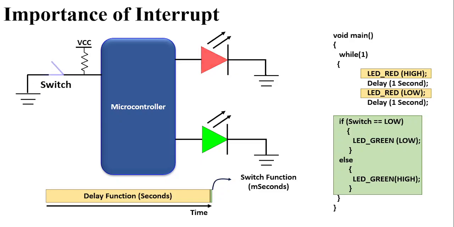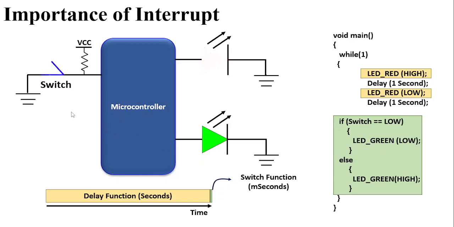So even if you try, there is a very small probability that the microcontroller will respond to the switch, because we are getting a very small time period to read the status of the switch. Therefore, in such cases, we will not prefer this kind of programming. We call this kind of programming polling.